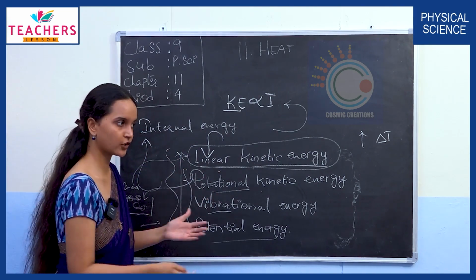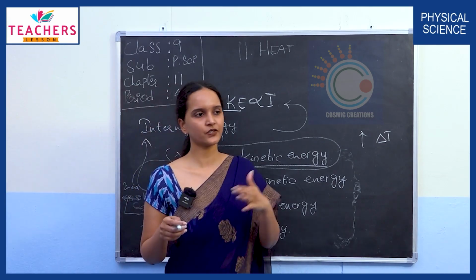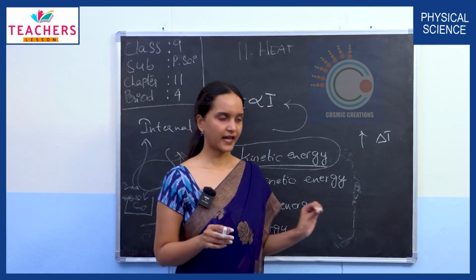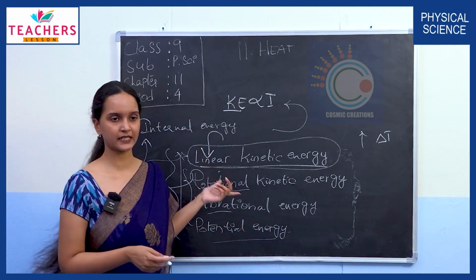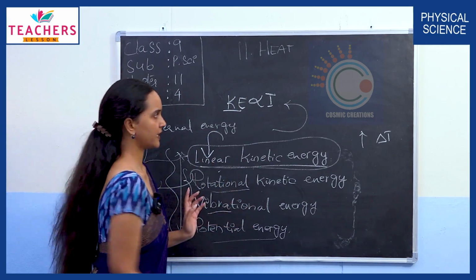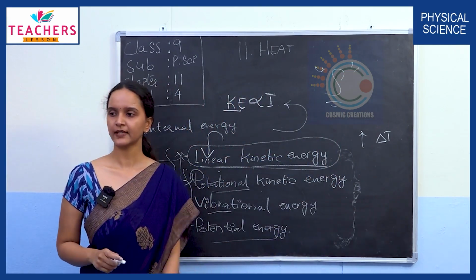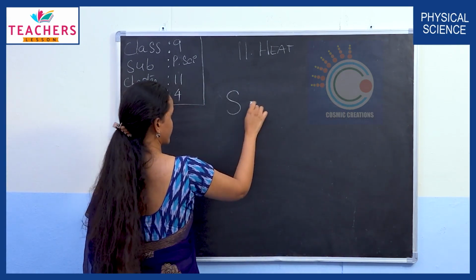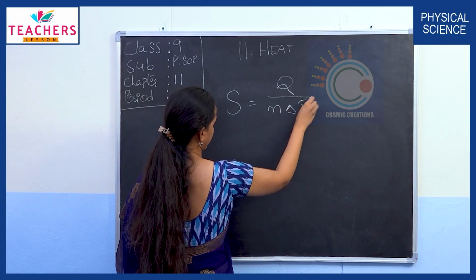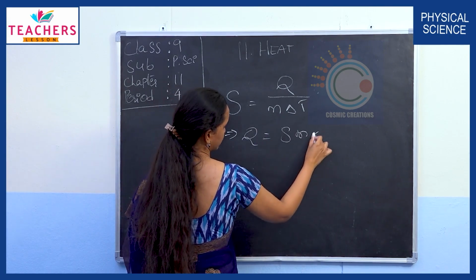So this sharing of the energy in various forms depends on the substance. It varies from substance to substance. Get it? And that's why specific heat capacity is different for different substances. And hence we say S depends on the nature of the substance. Understand? Now we know S = Q/(m ΔT). Right? Or from this, Q = S m ΔT.